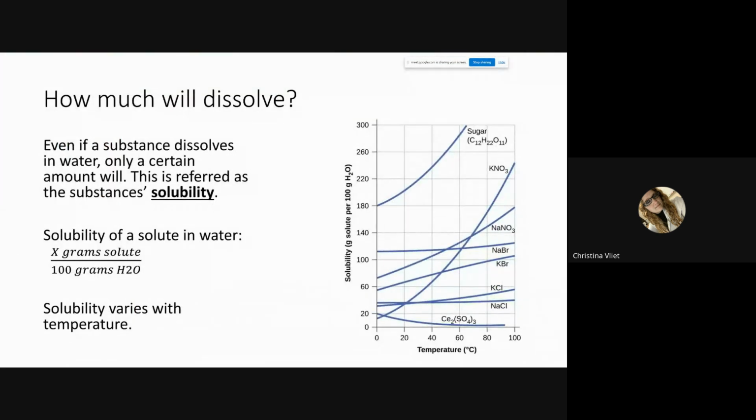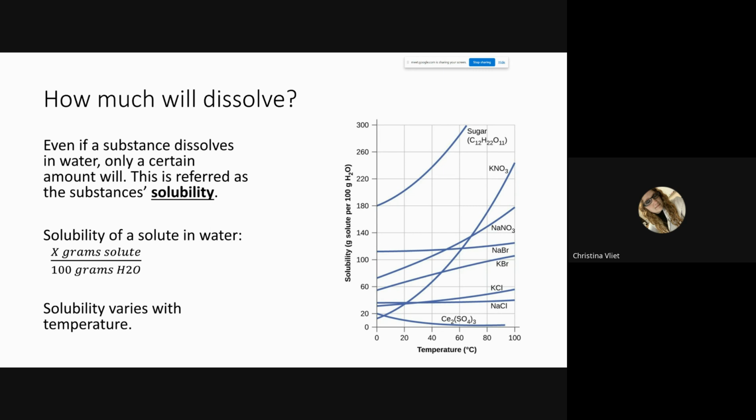And so what you're going to have to look at here is just the graph. You're going to look at different temperatures and see what the solubility is, and then you're going to make comparisons. For example, if I ask you, how much KBr dissolves at 50 degrees Celsius, what would you do? Look at your graph and see if you can figure it out.